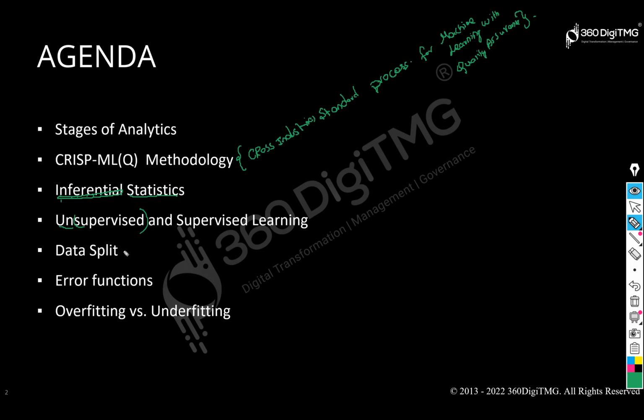Then we have data split. Then we have evaluation methods, also called error functions. We have overfitting and underfitting.